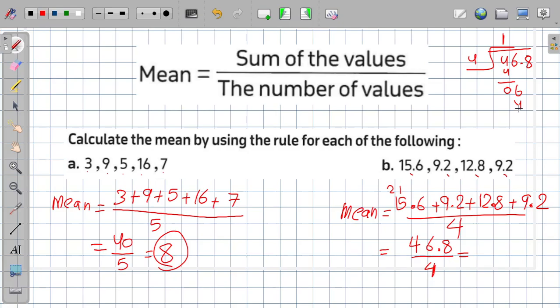So 4 divided by 4 equals 1 and the remainder will be 2. Next, I have the decimal point. So I will put the decimal point first, and I will have the next digit. I have 8. So 28 divided by 4 equals what? I think it's 7. So the remainder will be 0. So the result will be 11.7. And this is the mean of our data set. Okay.